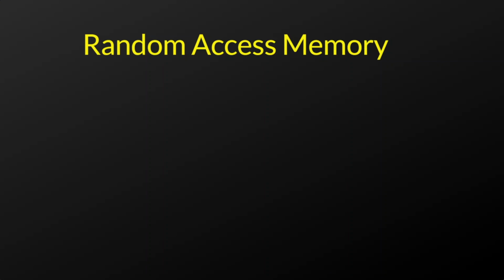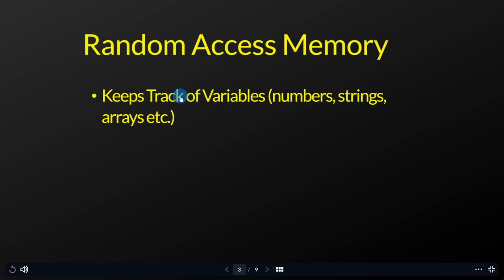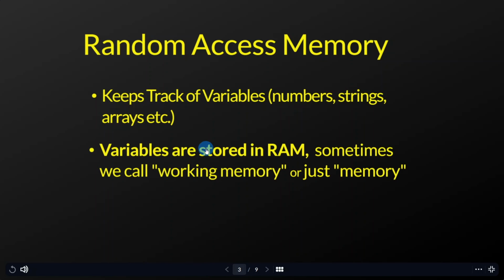When it's running code, it needs to keep track of variables. Here I'm mentioning variables such as numbers, strings, arrays, etc. These variables are actually stored in RAM. Sometimes we call it working memory or just memory itself. The RAM is not where we store files such as MP3s, images, and videos.